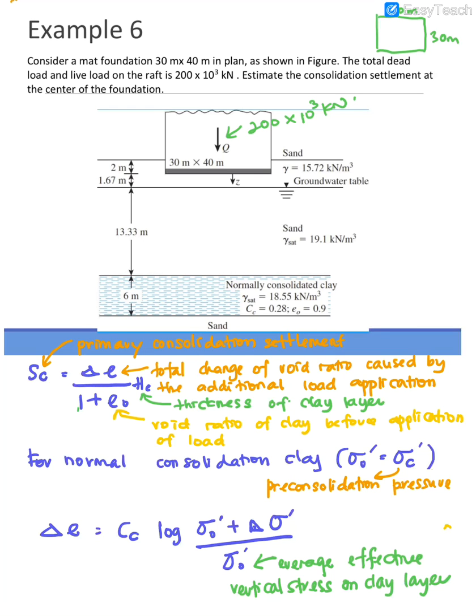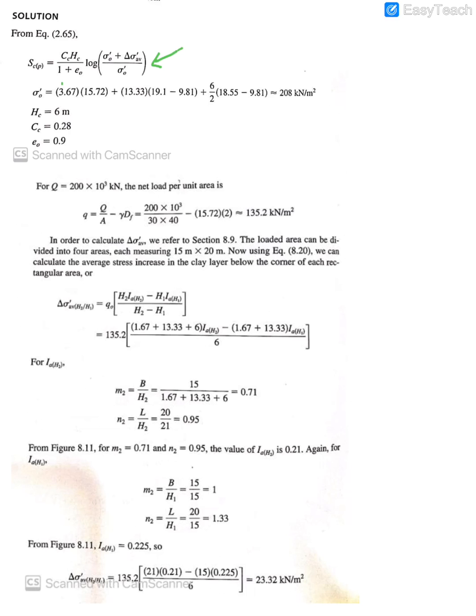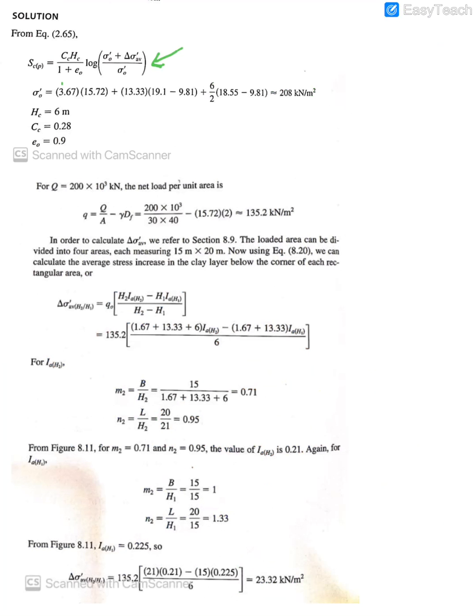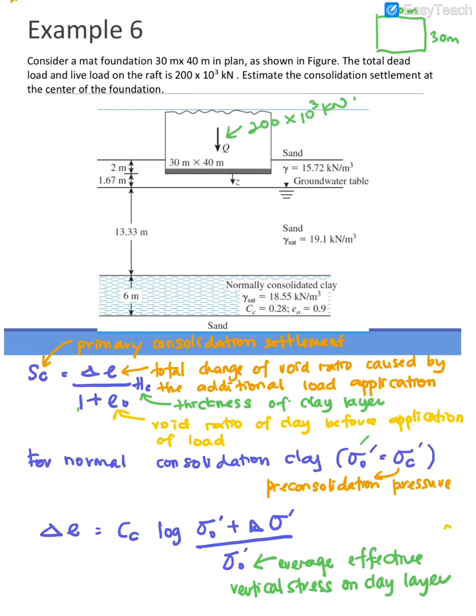Sigma naught prime is the average effective vertical stress on the clay layer. You combine both equations and you get this equation for Sc(p). So you have to find all of the parameters in this equation to get the consolidation settlement for the foundation.